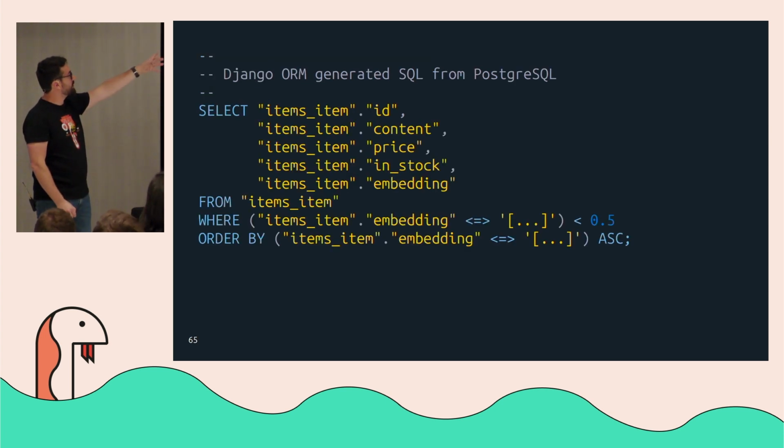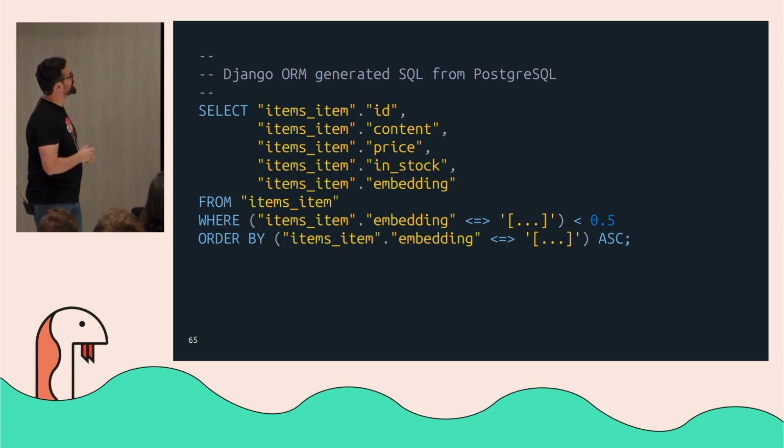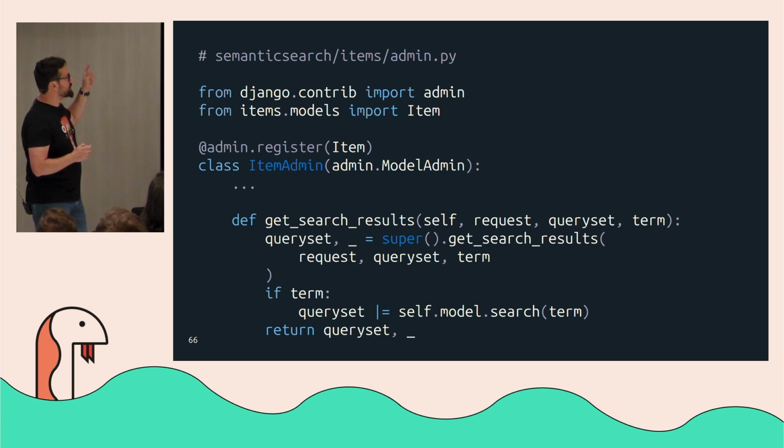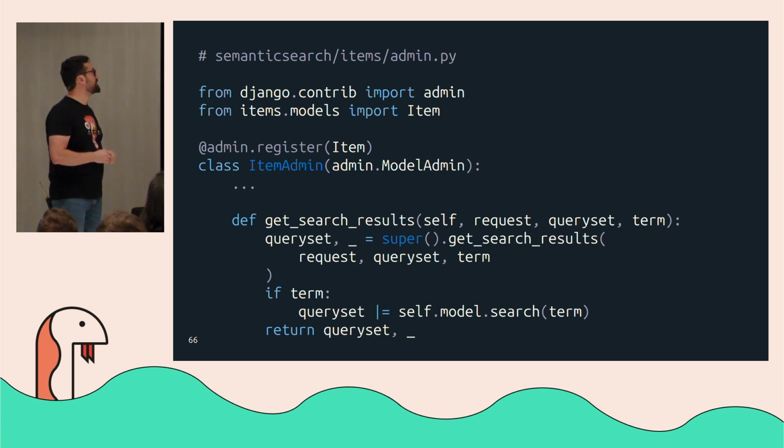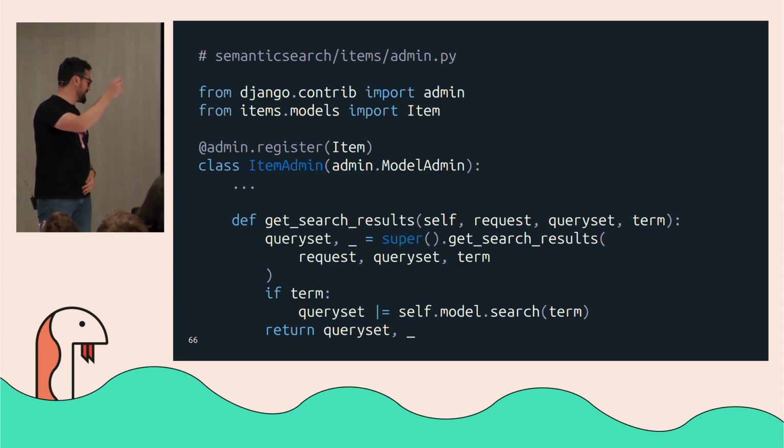We see a new type of query here. I cut all the 500 vector values from it. But we can also use the same method directly from the admin. We customize the get_search_results and use it to apply the inputs we saw on the second slide and search for it.